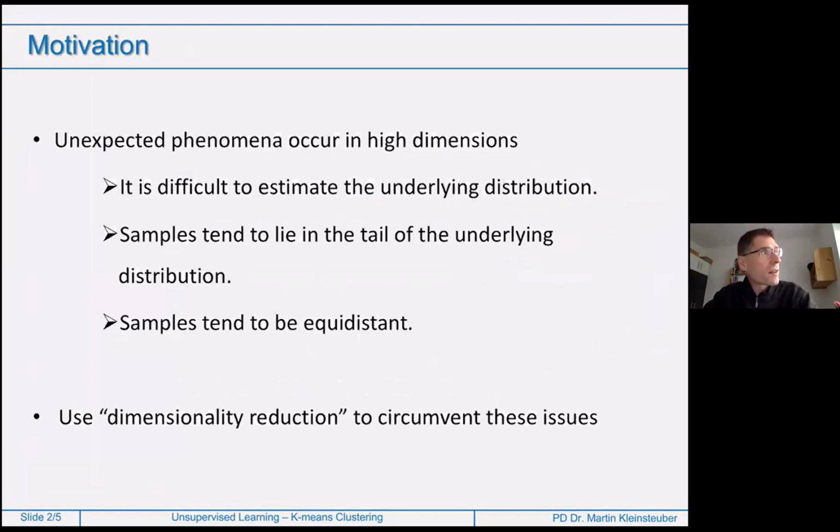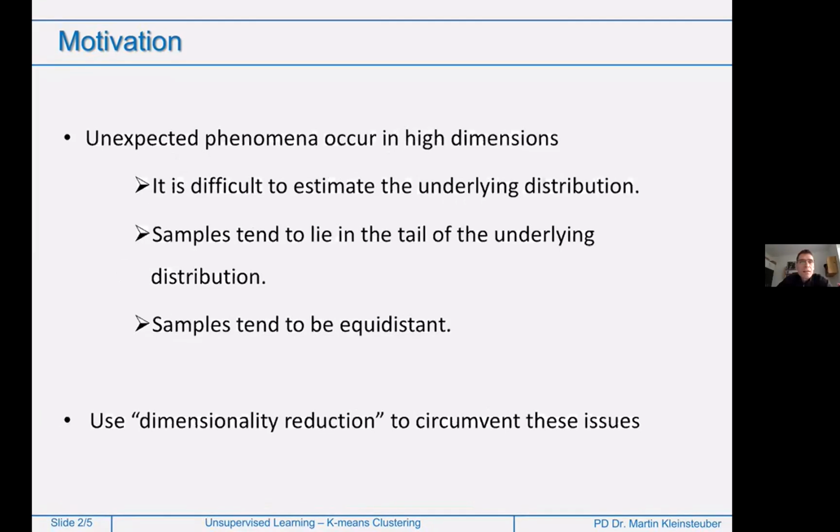So you remember we discussed this curse of dimensionality, when we have high dimensional input, sampled in a very high dimensional space, and in that space very unexpected phenomena occur. Remember, for example, it's difficult to estimate the underlying probability distribution. Samples tend to lie in the tail of the underlying distribution.